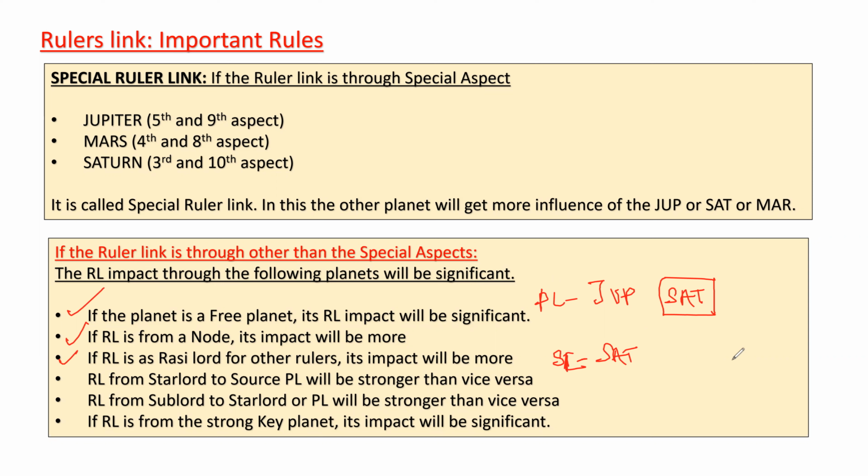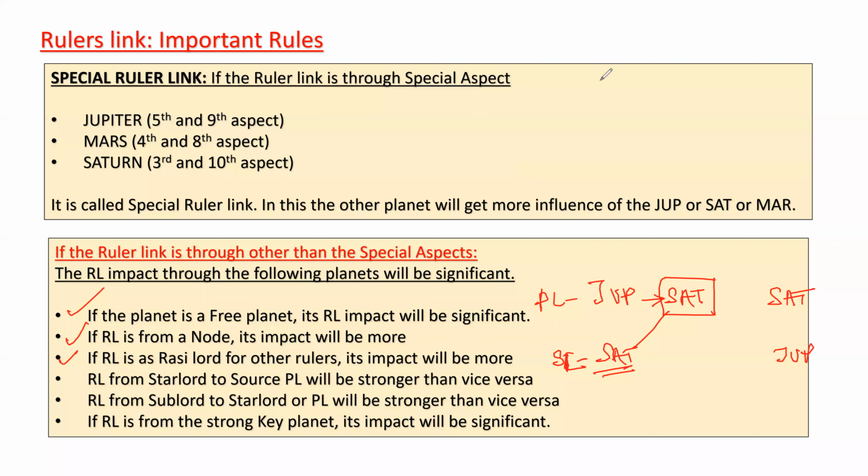So Jupiter will have Saturn in its supports, and Saturn will have Jupiter in its supports. Now, Jupiter's Rasi Lord is Saturn. In that Rasi of Saturn only, Jupiter is present. Saturn is the sublord for Jupiter. So if the ruler link is through the Rasi Lord, Saturn's influence will be more on Jupiter than Jupiter's on Saturn. It means if the ruler link is as the Rasi Lord for other rulers, the impact will be more.